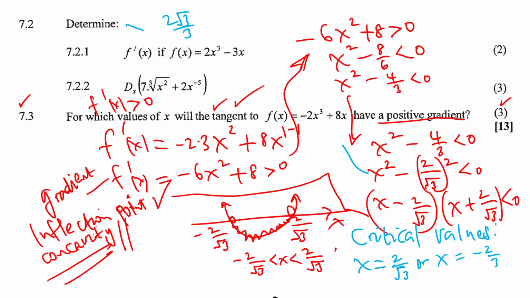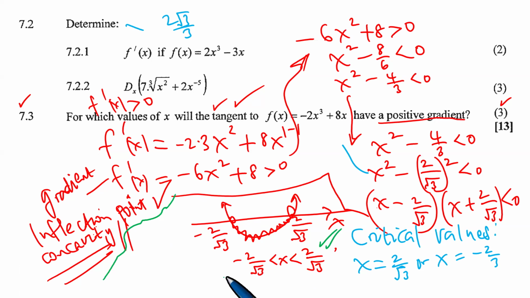So this will be the answer. It's not very nice like this, but the examiners left it like this in the marking center when the matric paper was marked. But now you can rationalize this.